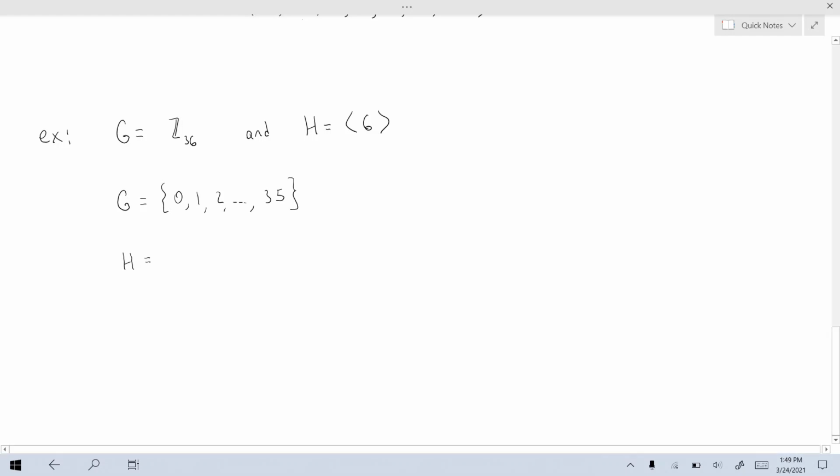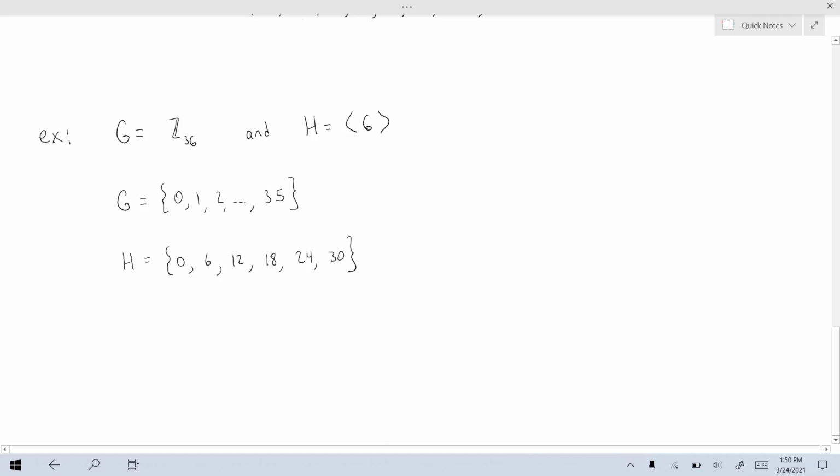Now H is the cyclic subgroup generated by the number 6. So it will consist of all the multiples of 6. So 6 plus 6, 6 plus 6 plus 6, and plus another 6, and so forth. And then 30 plus 6 gives me 36, but 36 is equivalent to 0.